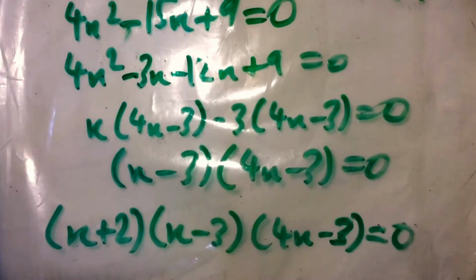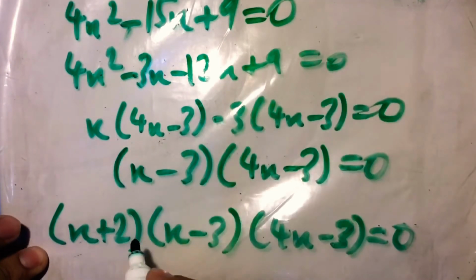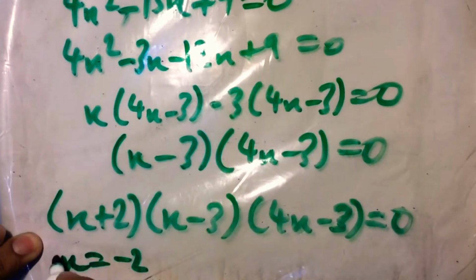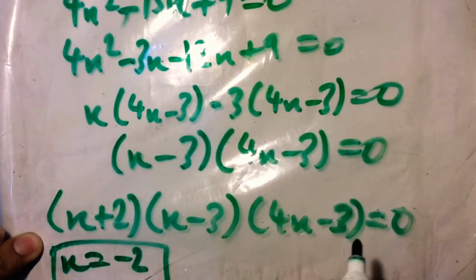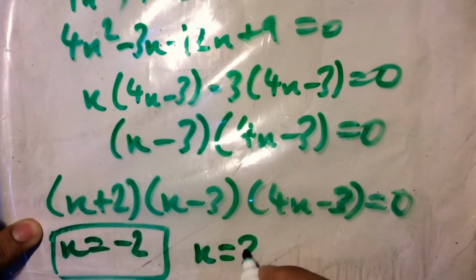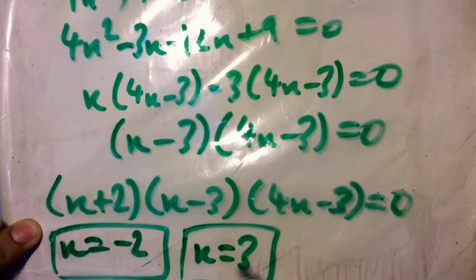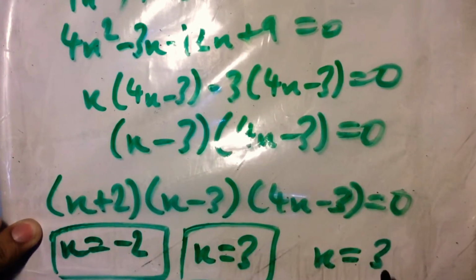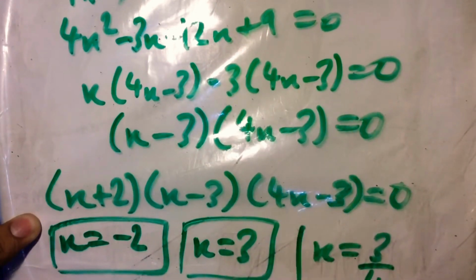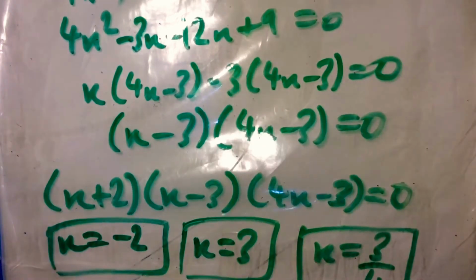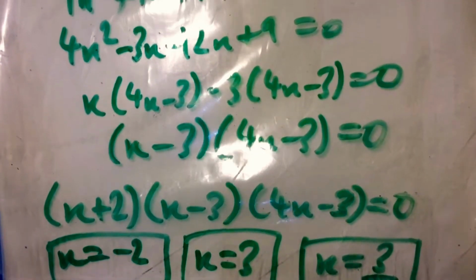So to find the values of x, now x plus 2 equals 0 gives us x equals minus 2. Or x minus 3 equals 0 gives us x equals 3, and 4x minus 3 equals 0 gives us x equals 3 upon 4. So that is how we solve a cubic equation.